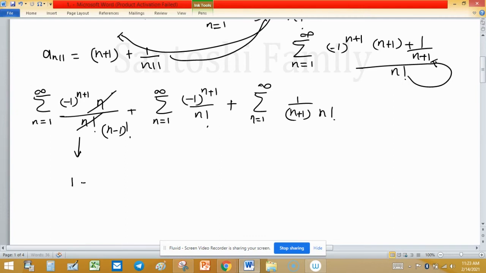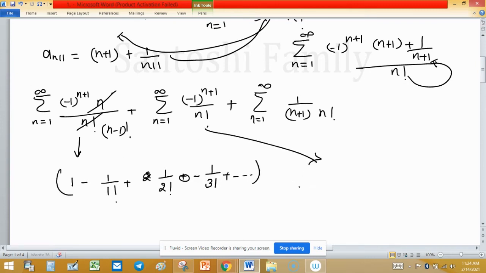So 1 minus 1 upon 1 factorial plus 1 upon 2 factorial when n is 3, minus 1 upon 3 factorial and so on.